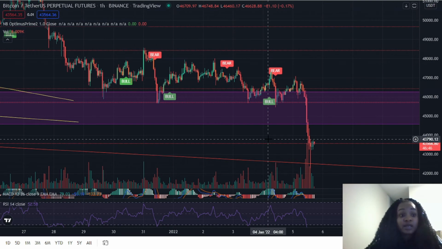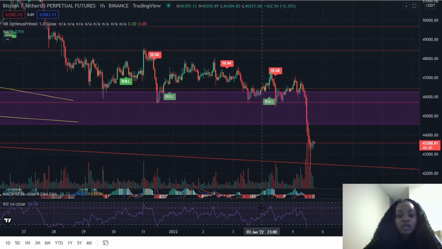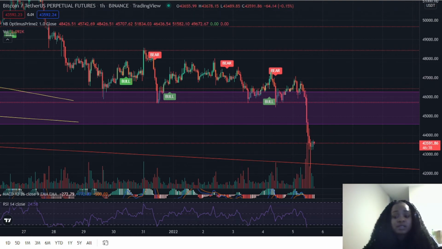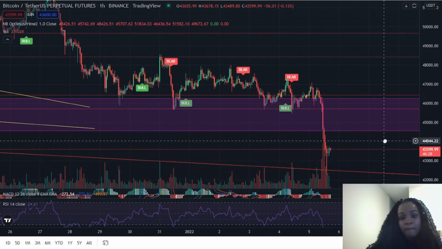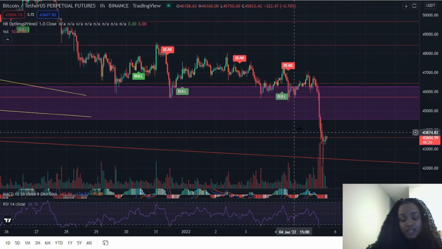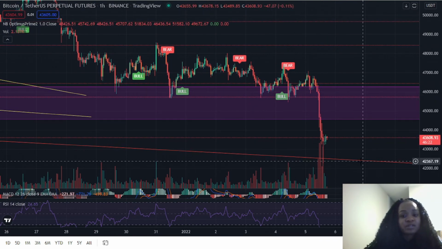You can use indicators to confirm your entries, to confirm the analysis that you've done. But bear in mind, indicators can be lagging at times, so it's not recommended that you rely on them all the time. It's better to learn how to read the candlesticks by yourself, okay? And you'll have better success by doing that, trust me.